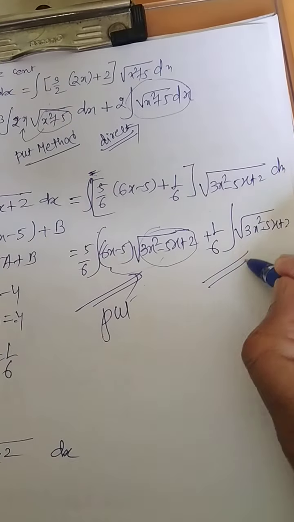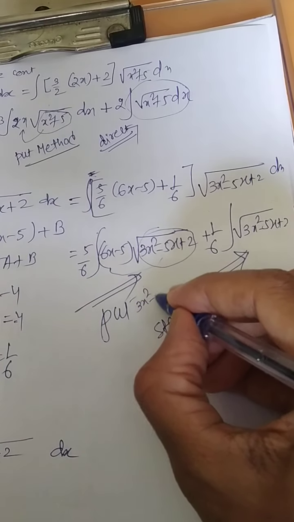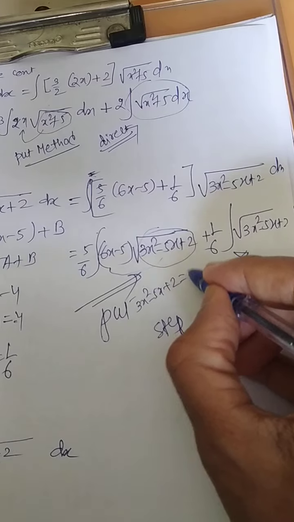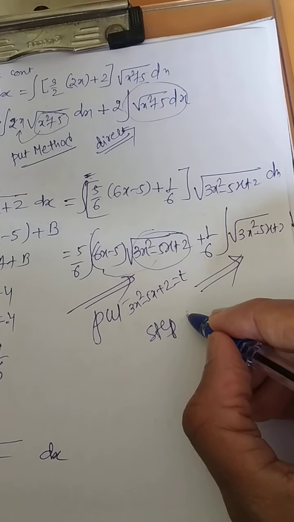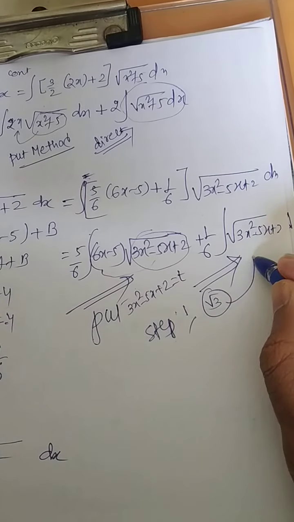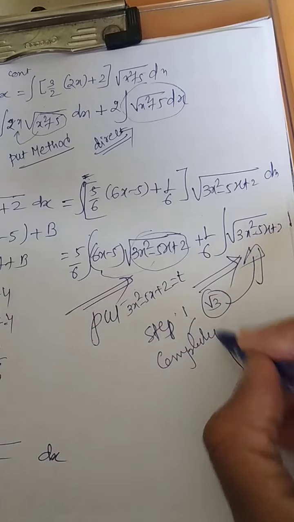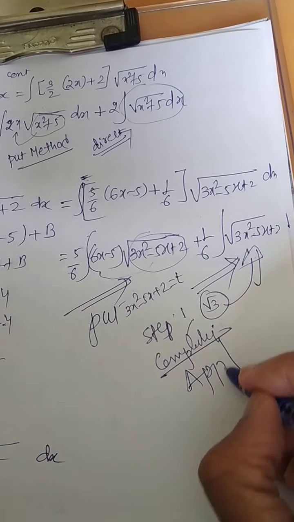What about this? Step number 1: take 3 common, root 3 outside, then the completing square method, and then apply the formula.